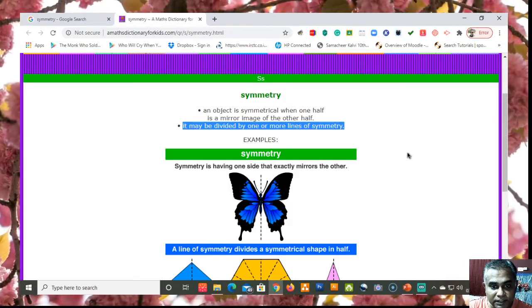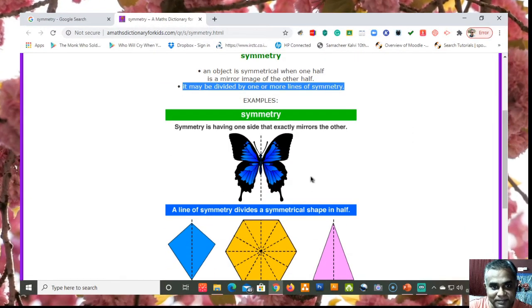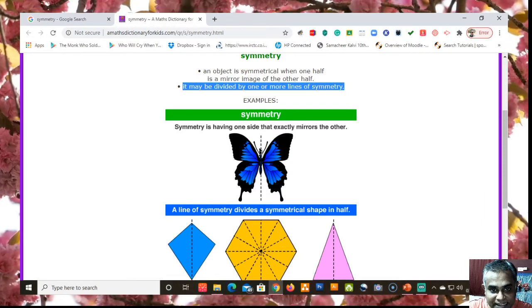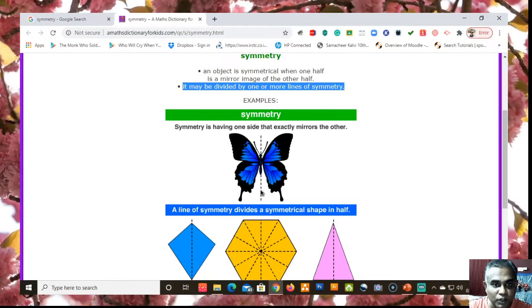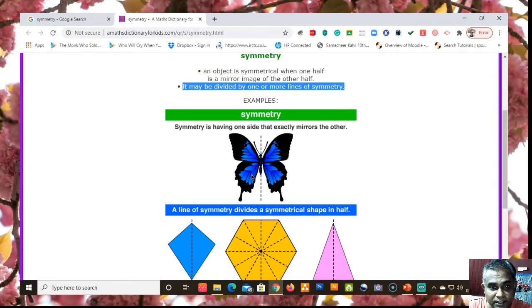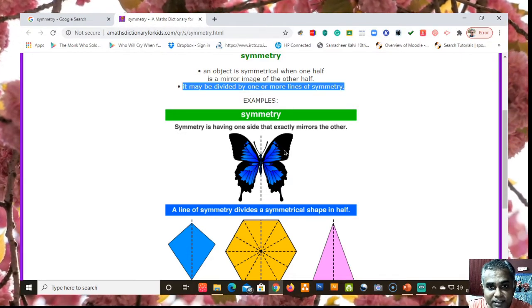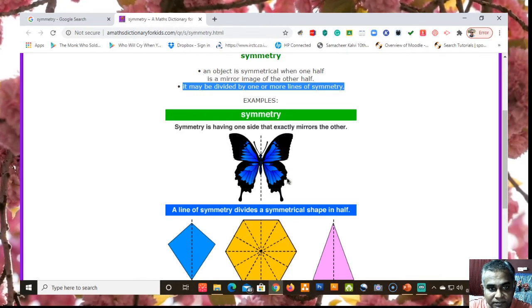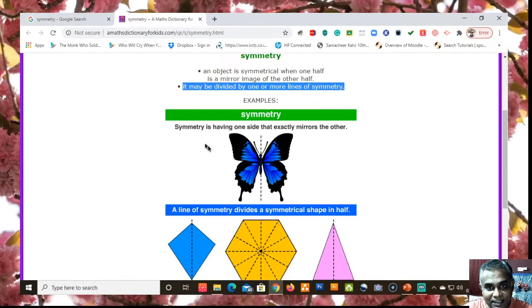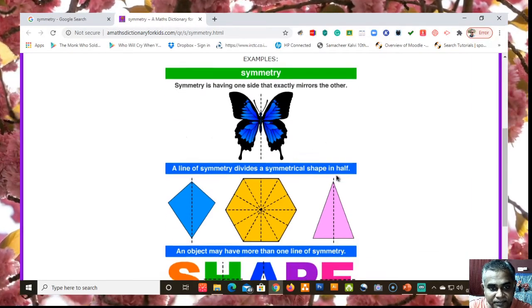For example, let us take a butterfly. If you draw a line exactly at the center of the butterfly, you can see that one half of the butterfly is exactly the mirror image of the other. So symmetry is having one side that exactly mirrors the other.